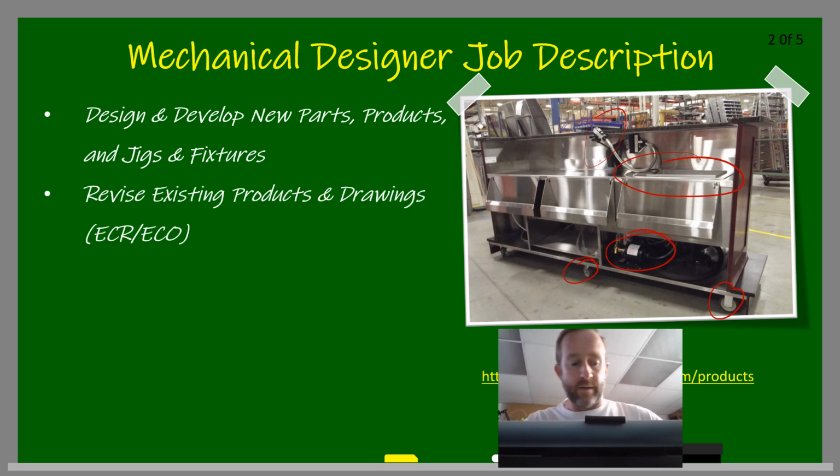Moving ahead here a little bit, we also see designers do things like revise existing products and drawings. In the same case of this custom bar, we sometimes made this bar half the length, or maybe you had two sinks in there, or it could be a little bit lower so that it was more ADA compliant. That's the Americans with Disabilities Act.